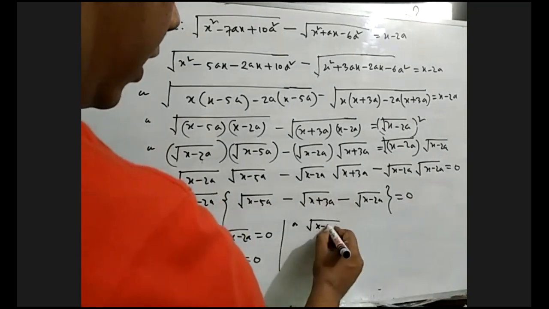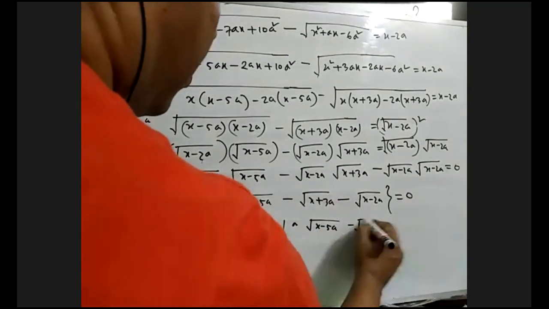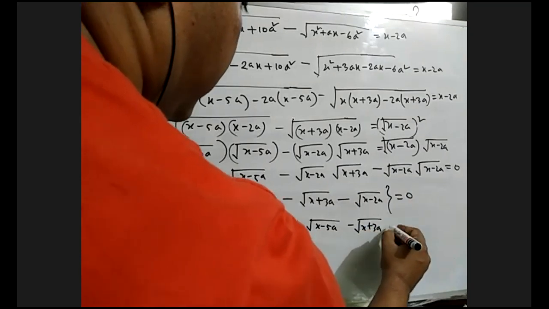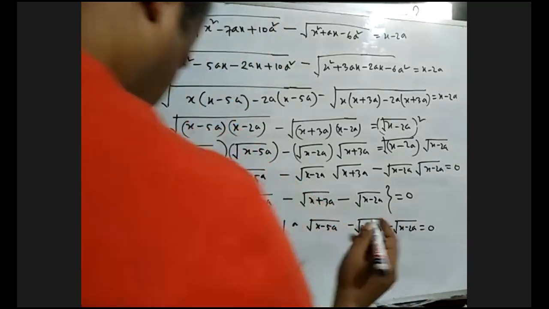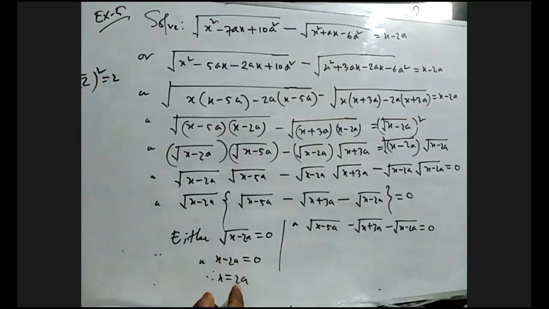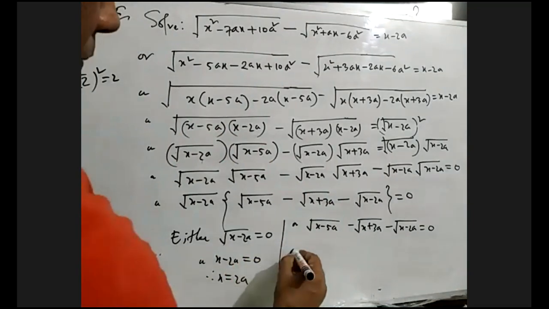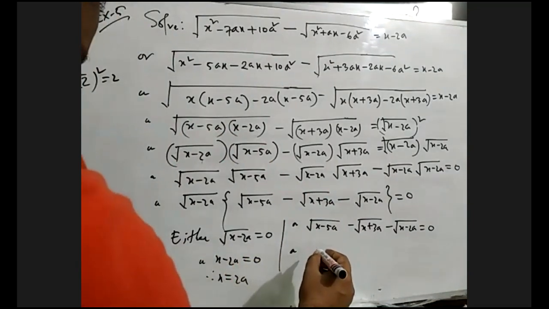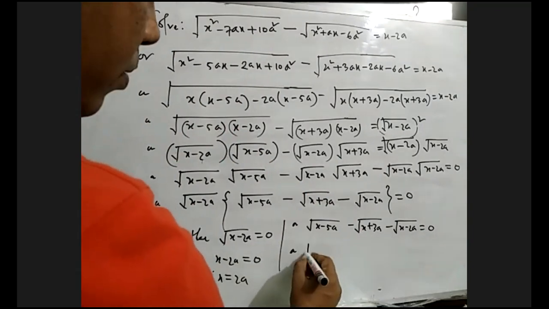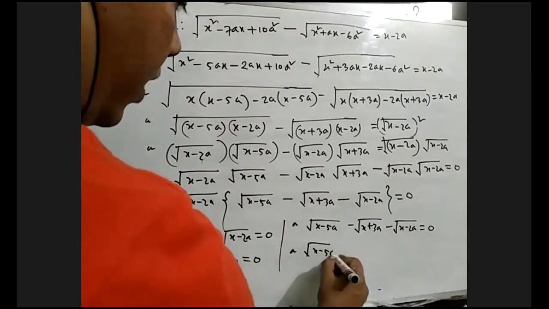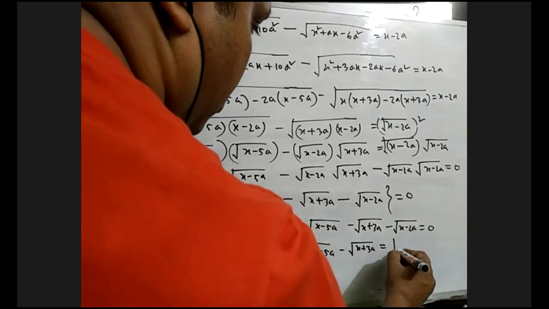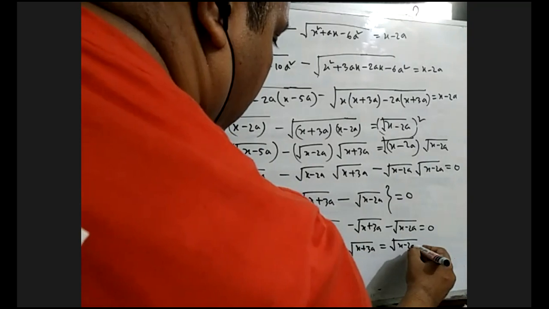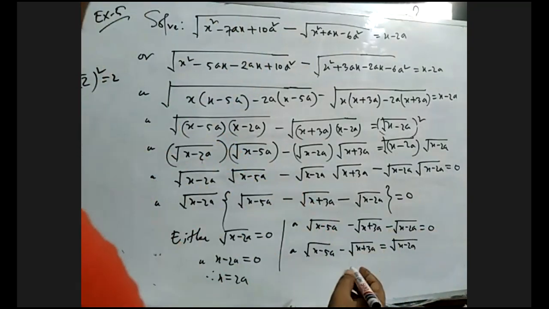Now either this or this whole part will be 0. Root over x minus 5a root over x plus 3a minus root over x minus twice a equals 0. Or this can be written as what? Root over x minus 5a minus root over x plus 3a equals root over, just taking this in right hand side.